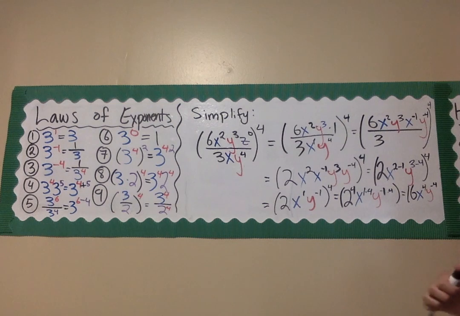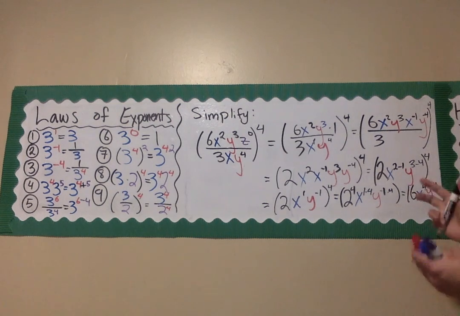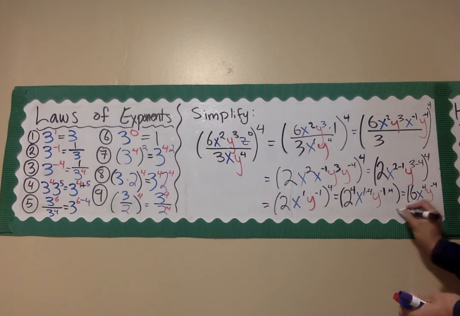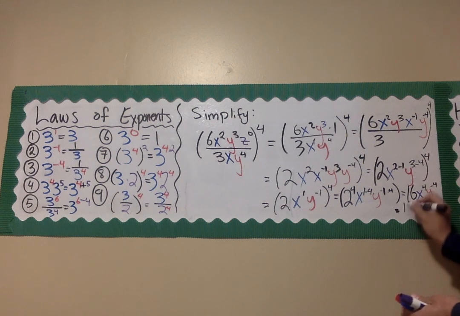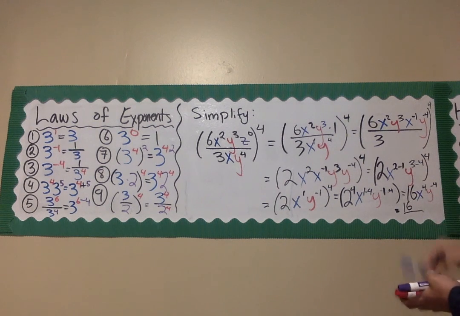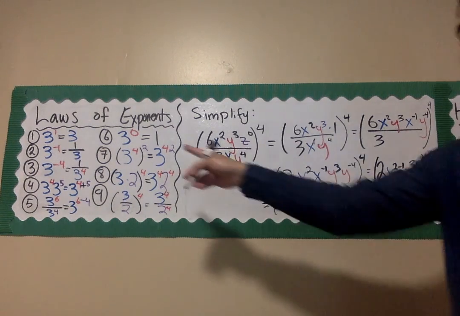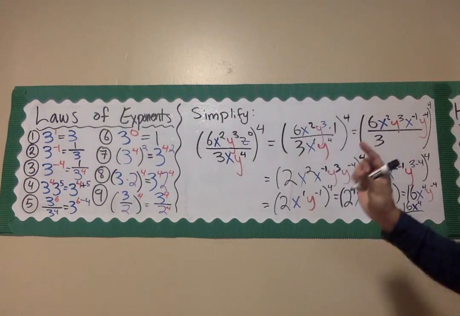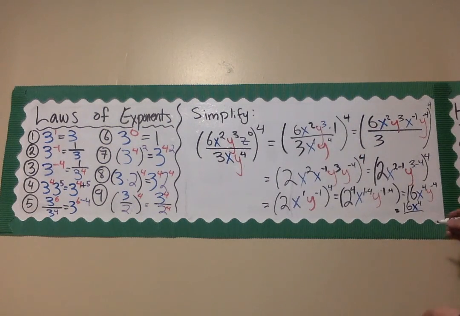If you leave your equation like this, it's fine, but we can also rearrange it as a fraction if you'd like. We have 16 times x to the power of 4. And because y has a negative exponent, I'm going to use law number 3 to move it back to the denominator and make the exponent positive.